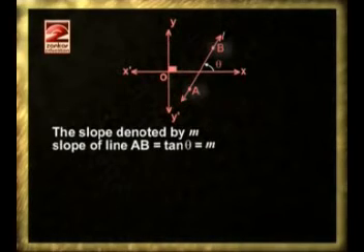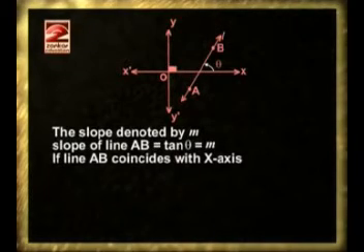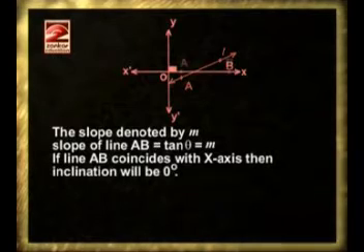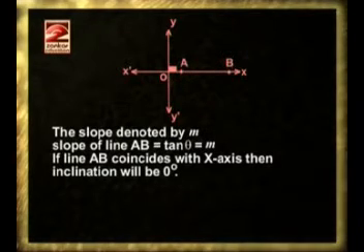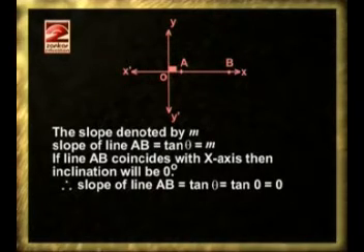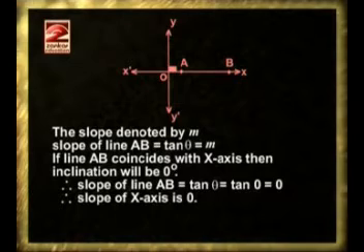Now here, slope of line AB is equal to tan theta, which is equal to m. If line AB coincides with the x-axis, then naturally the inclination will be 0 degrees and therefore slope of line AB is equal to tan theta, that is tan 0, which is 0. Therefore the slope of the x-axis is 0.